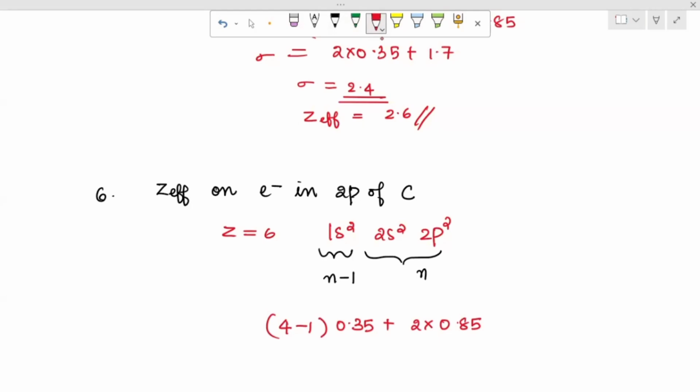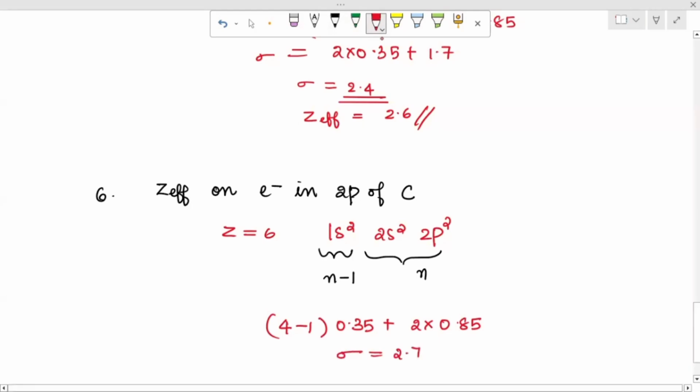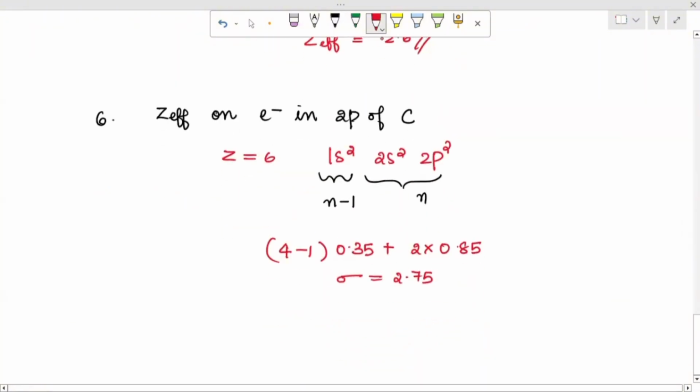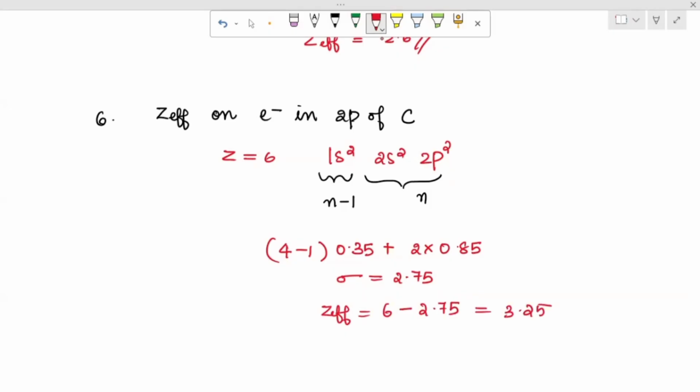You get 2.75. And the Z effective would be 6 minus 2.75 and that is 3.25. Okay. I hope you have got an idea of how things are done. Okay. I think now it is easy.